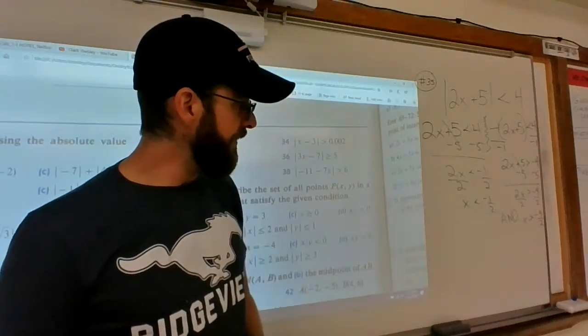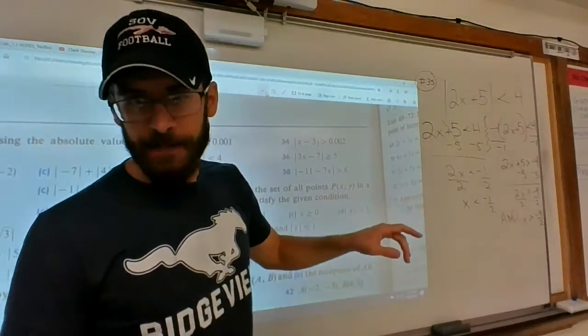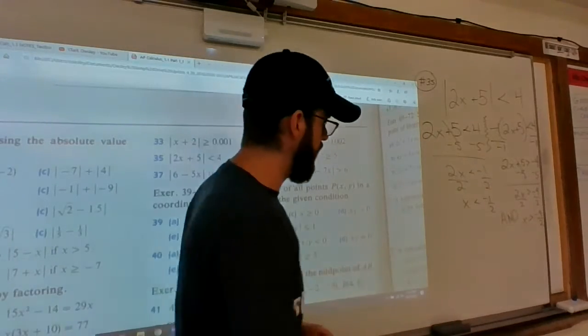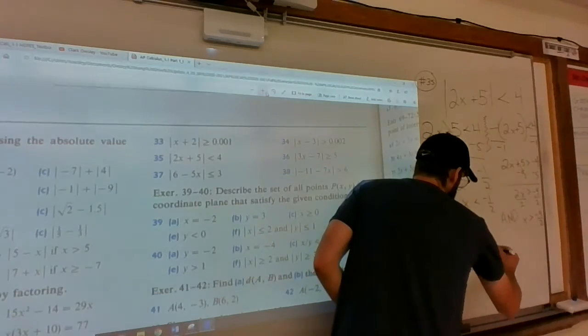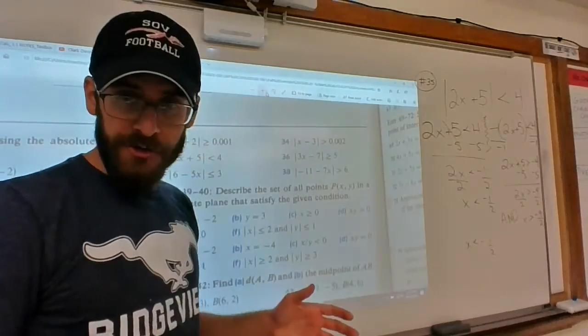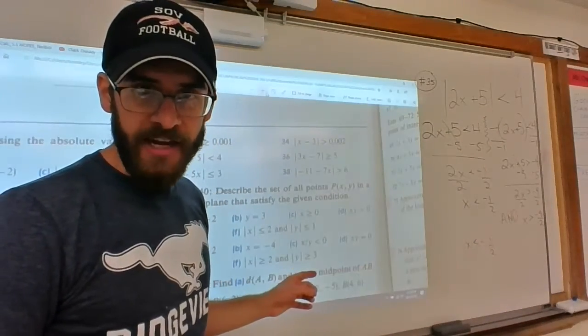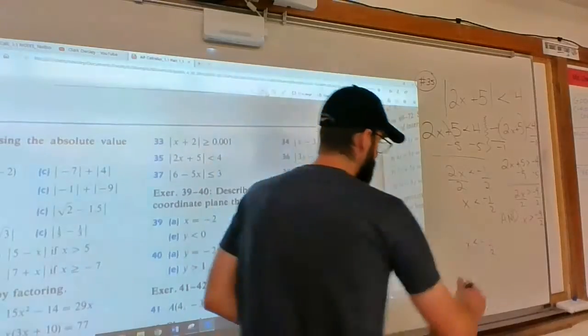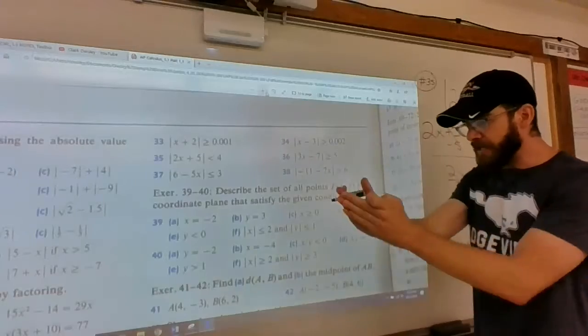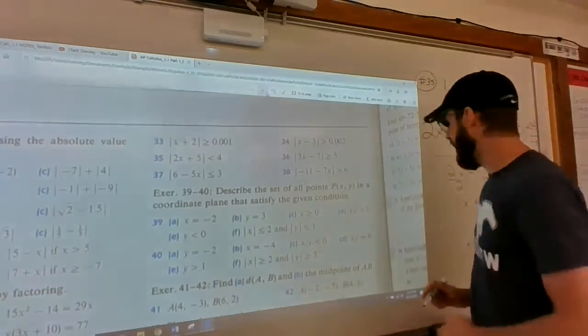So one way to think about that is, okay, it's got to be less than -1/2. That's the larger amount. But you can also say that x is greater than -9/2 in that same statement. So from x's perspective, x is greater than -9/2.